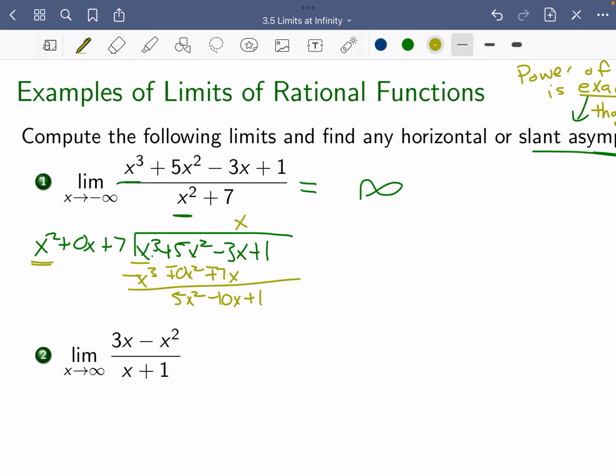Then we would need to multiply x squared by 5 to get 5x squared, plus 35. Switch the signs and combine.